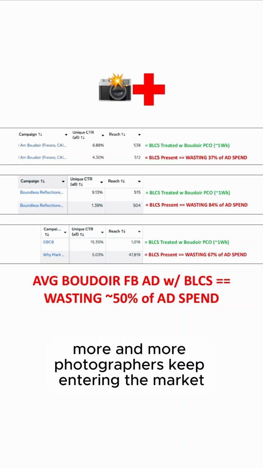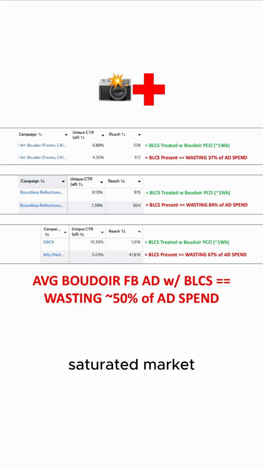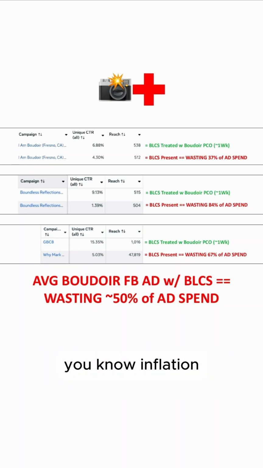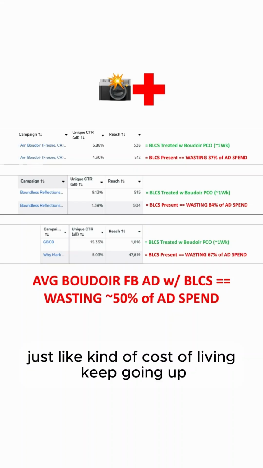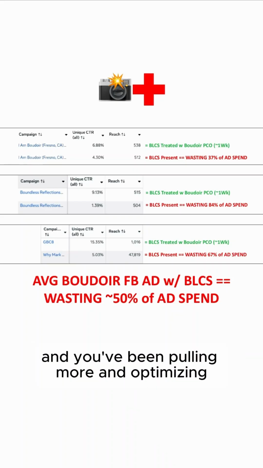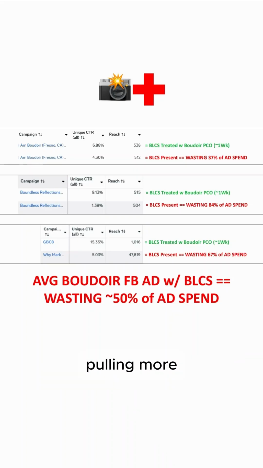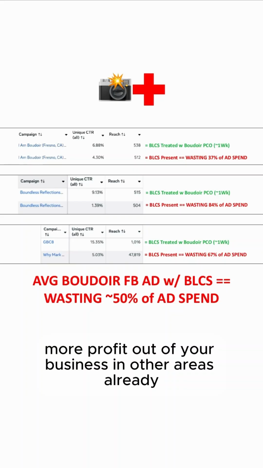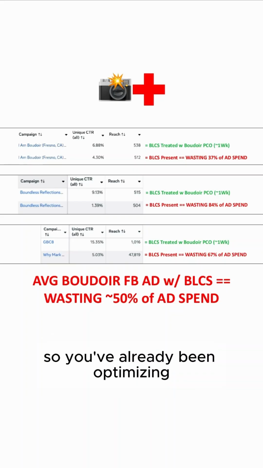So more and more photographers keep entering the market, saturated market. And you're seeing inflation, cost of living keep going up, going up, going up. And you've been optimizing, pulling more profit out of your business in other areas already.